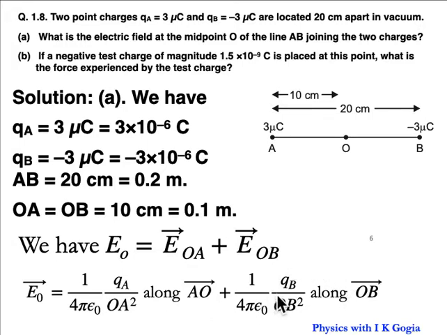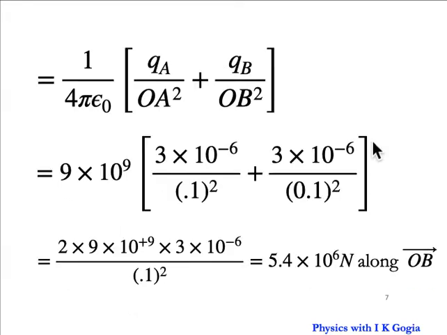Similarly, the field due to B is given by this expression. Now you can see one thing, this is positive charge and the field at O is away from positive charge, that is it will act towards right. Similarly, field due to negative charge is towards right because the field is directed towards the negative charge.